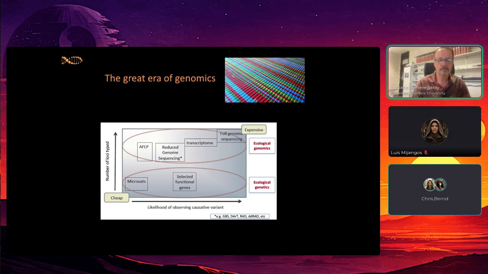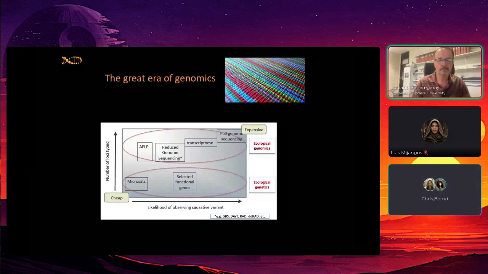I finished my PhD in this century. I'm not that old, but I did work with all the tools that you can see, all the genetic markers that you can see in this plot, and also with allozymes, which is not even shown there.